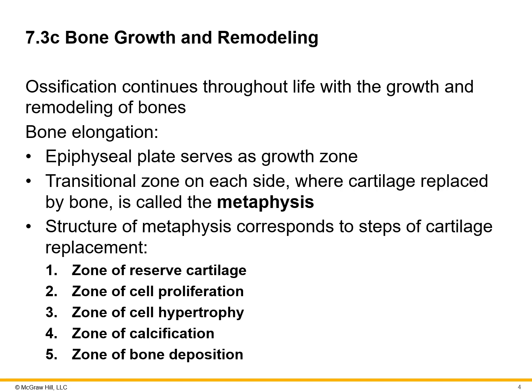We've got 5 layers, and they go from the epiphysis side to the diaphysis side. We'll have the zone of reserve cartilage, and then the zone of cell proliferation, the zone of cell hypertrophy, the zone of calcification, and the zone of bone deposition.